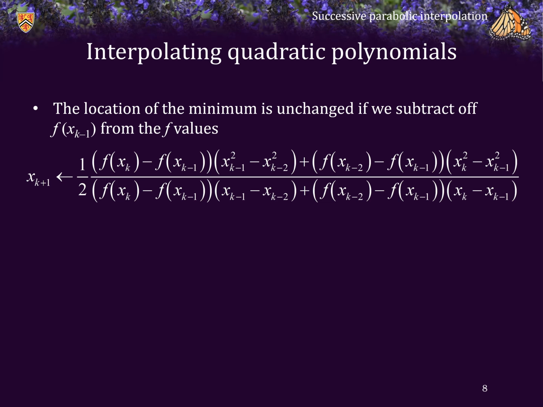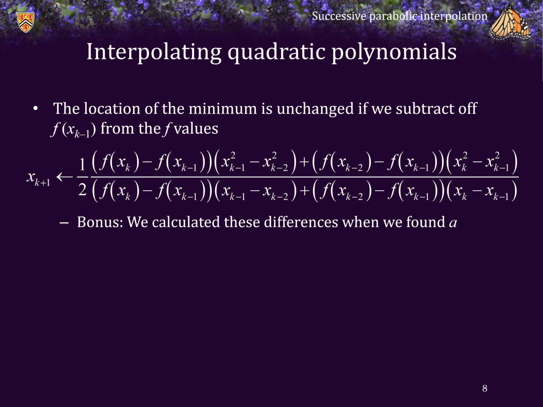Okay, so if we subtract off f at x sub k minus 1 from each of the f values in the previous expression and simplify, we now get this expression here, which is ever so slightly simpler than the previous one. Now there's something that's very nice here.